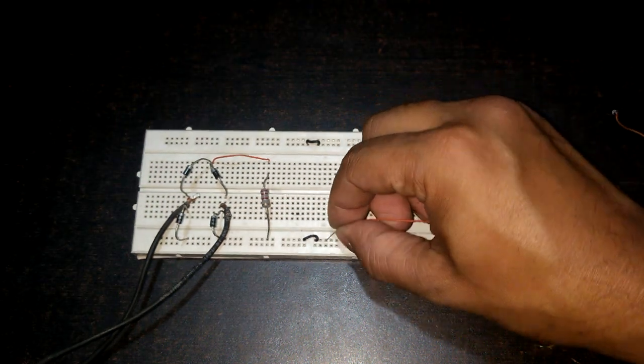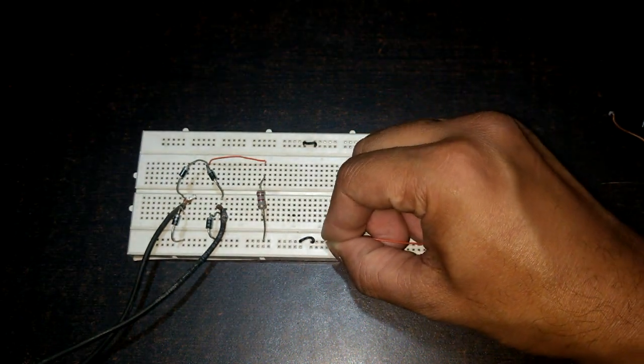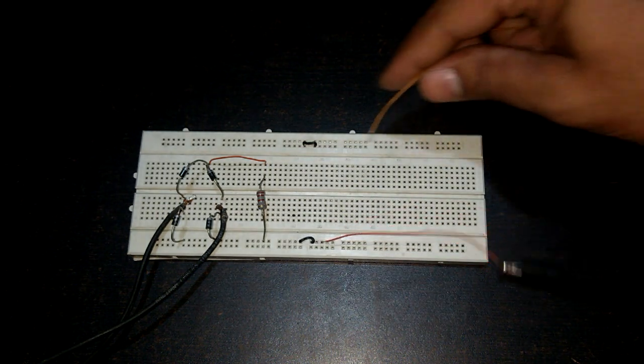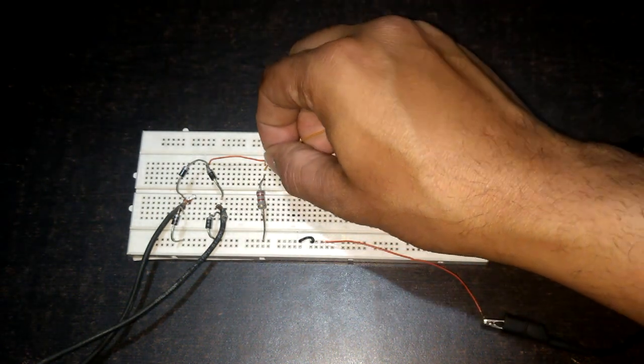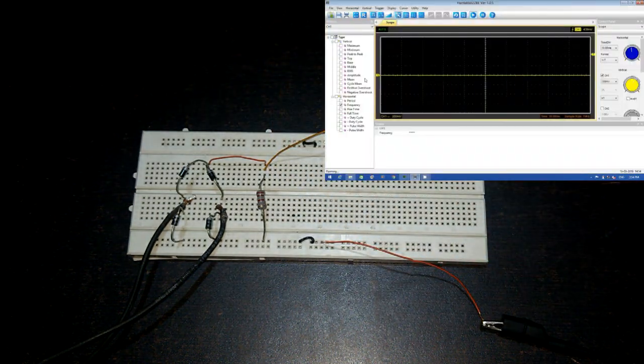Let's connect USB probes across output. And as we can see on second screen, it is only continuous positive cycles. Since we get output for both positive and negative cycles, hence the name full wave rectifier.